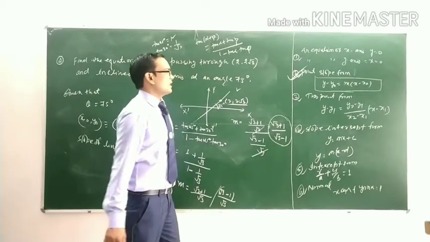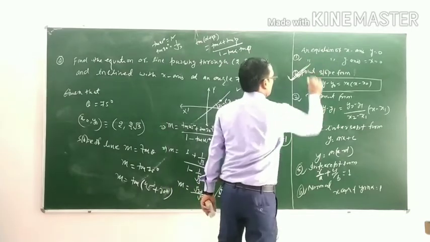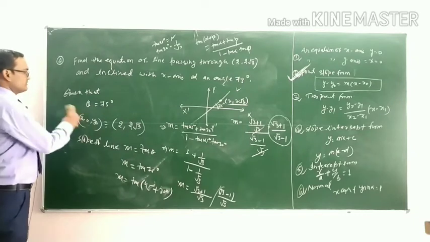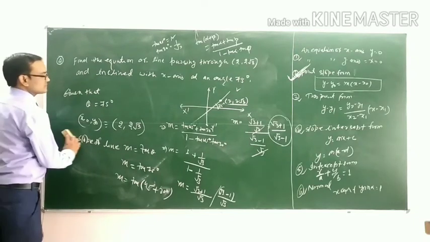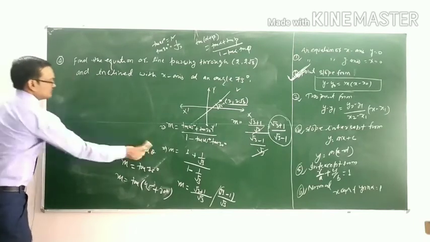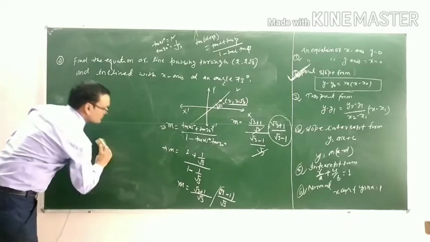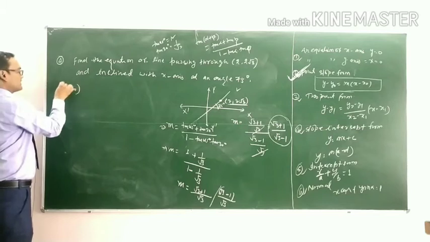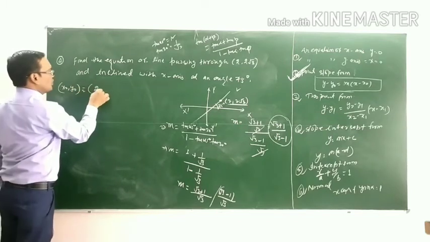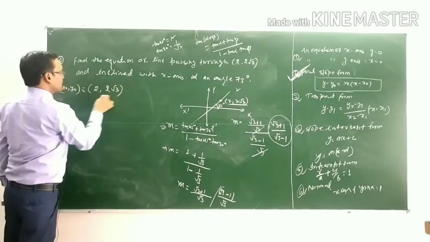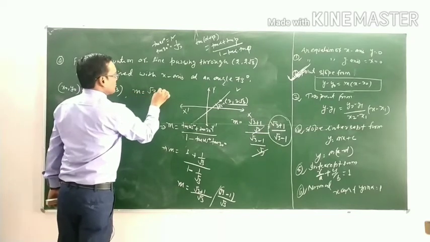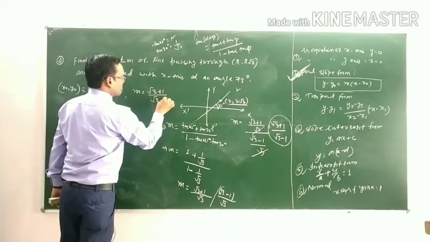Okay students, now using this formula we find the equation of the straight line. The point (x0, y0) is (2, 2√3) and m equals (√3 plus 1) upon (√3 minus 1).